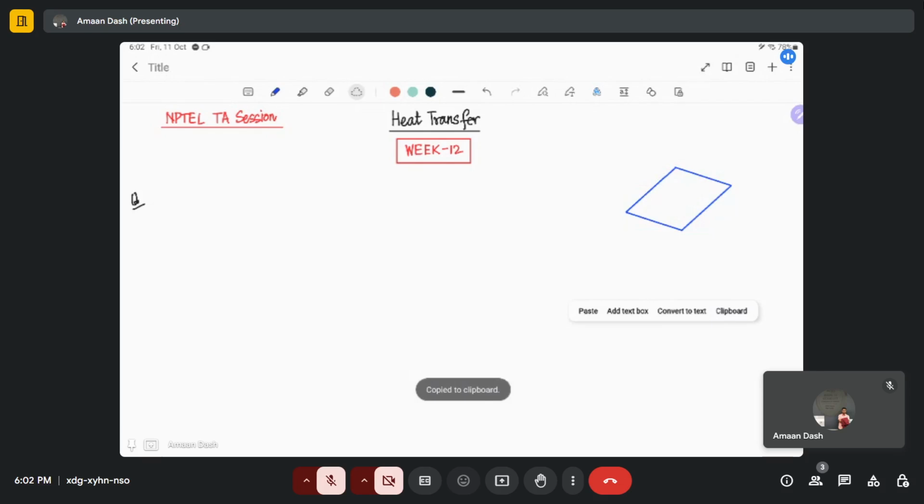And we'll be discussing some problems related to mostly radiation. So let's start with the first question. I'll encourage you to try these questions on your own and then we can discuss the solutions.